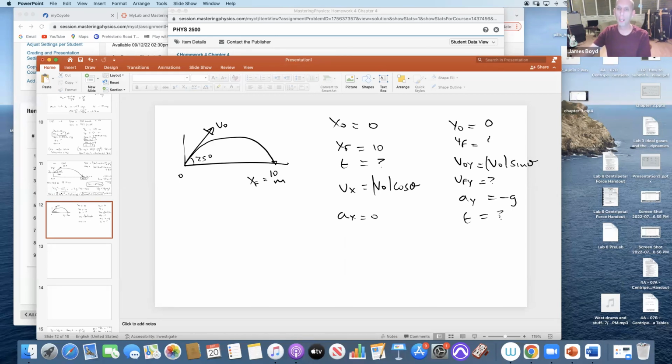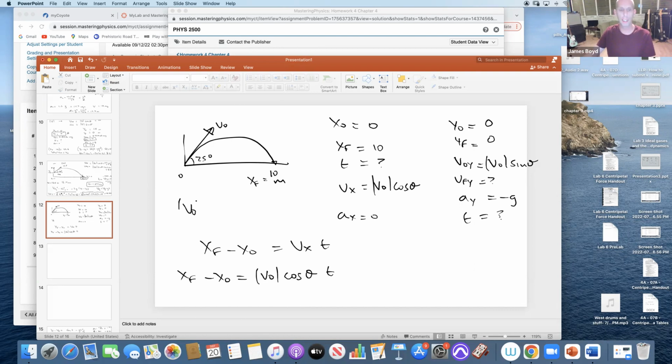But we do know that y initial and y final are both 0. That is helpful. What we're going to do is, as always, we have x final minus x initial equals vx times t. And if we substitute in symbolically, we get v naught cos theta times t. And this is what we want.